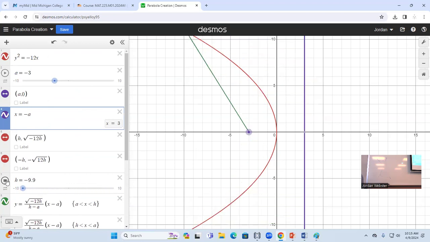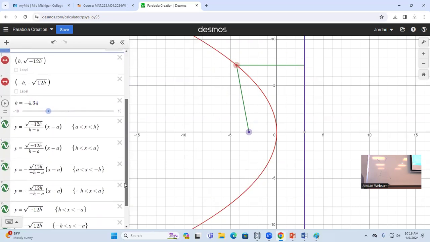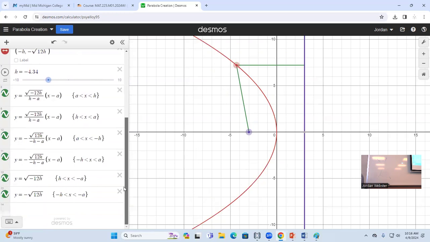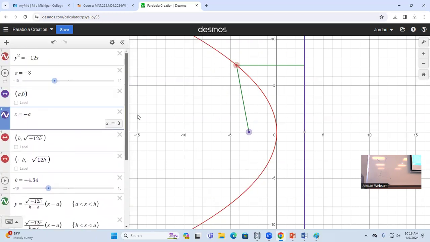As this point moves over and over again, all throughout the parabola, no matter where I'm at, the distance from the point to the focus and the distance from the point to the directrix, I actually calculated those. Those two values are going to be the same.